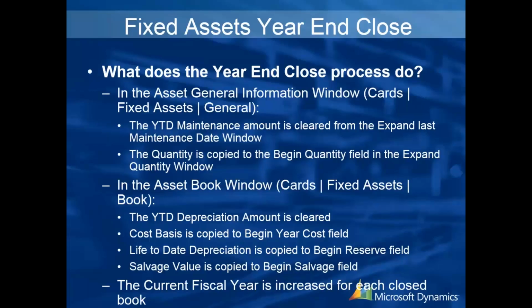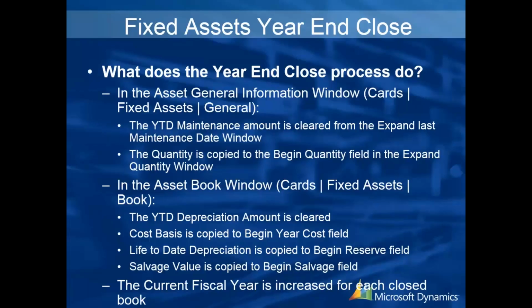Depending on what version of GP you're on, sometimes my head just gets a little boggled. In the newer versions of GP, and I'm not sure if it's 2013 or new in 2015, so it might be 2013 R2, the year-to-date information in fixed assets gets cleared out, and you now have historical depreciation reports where you can put in a date and run a depreciation report.